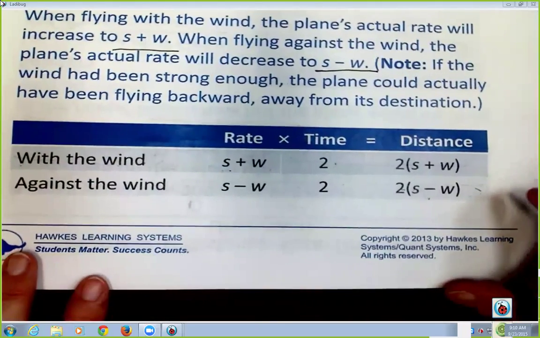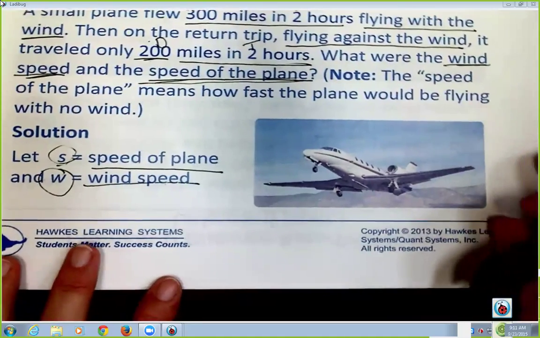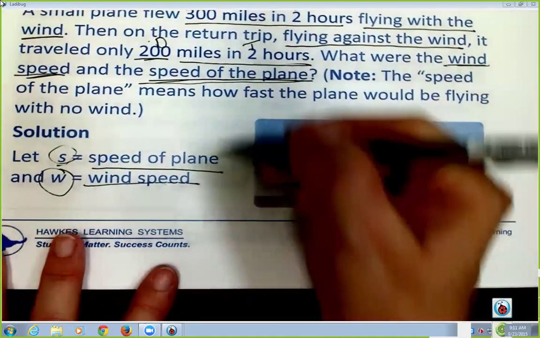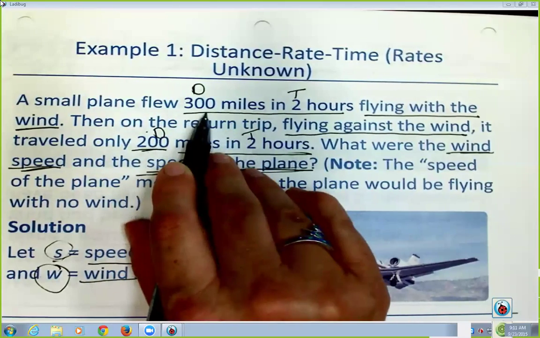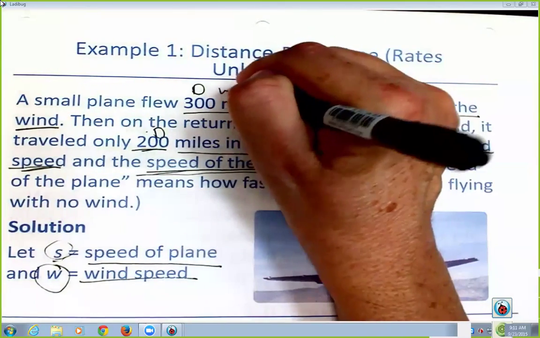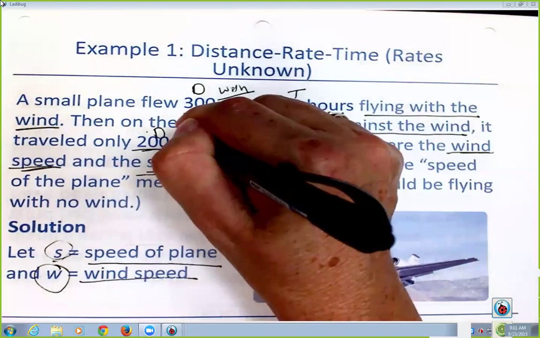So then, if we go back to the other problem, the other piece that we need to keep track of is that with the wind, it could travel 300 miles. So this is with wind. And 200 miles if the wind is against it.